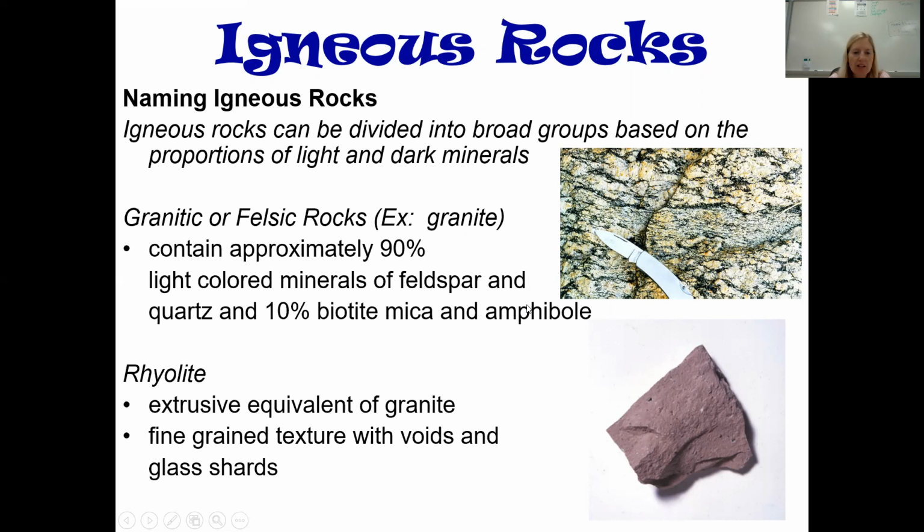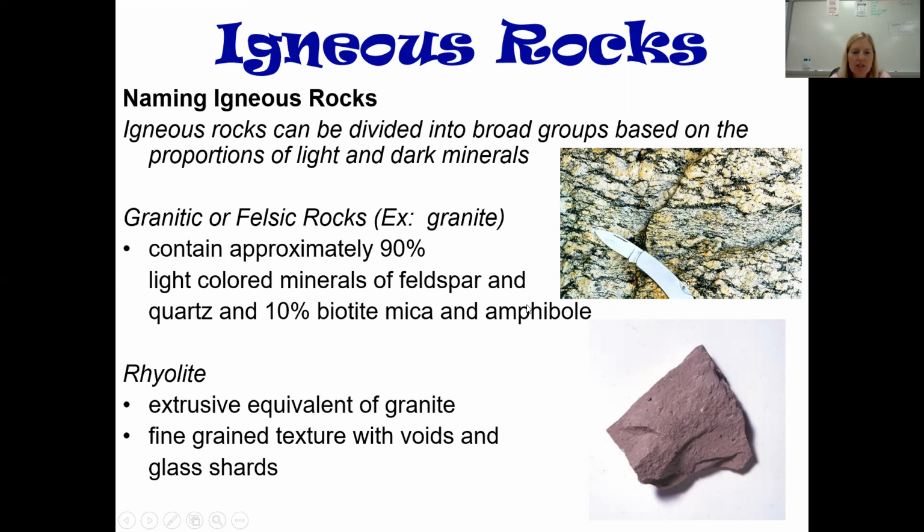Rhyolite is our next category. It's kind of its own granitic category, and it has that pinkish color that you see there, and it has some voids, those little holes we talked about, as well as some glass shards.